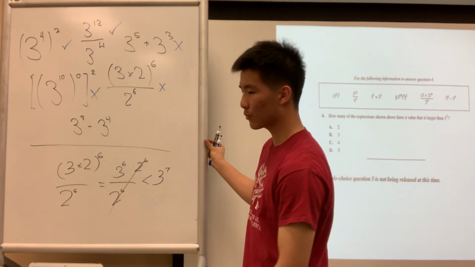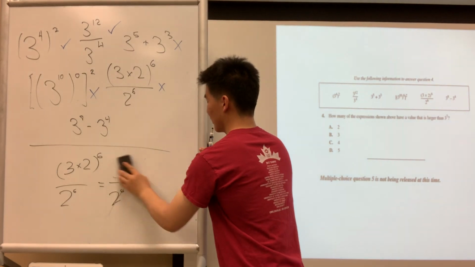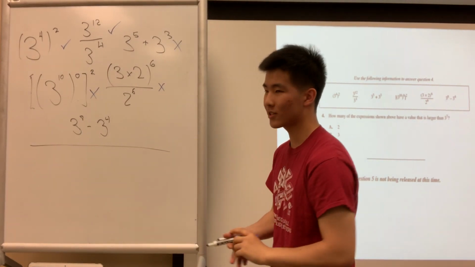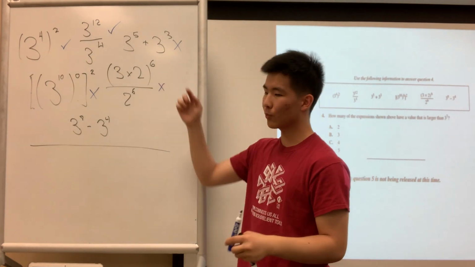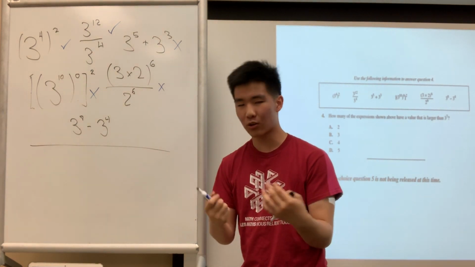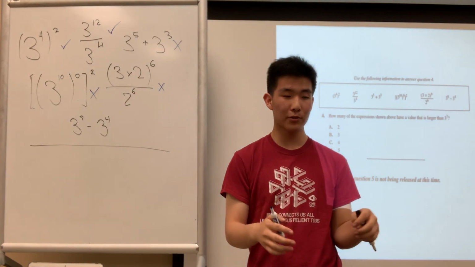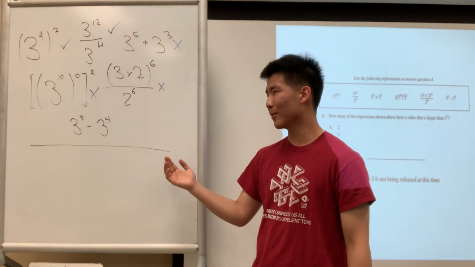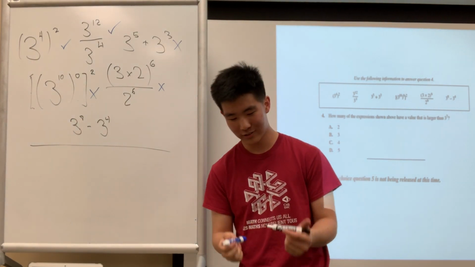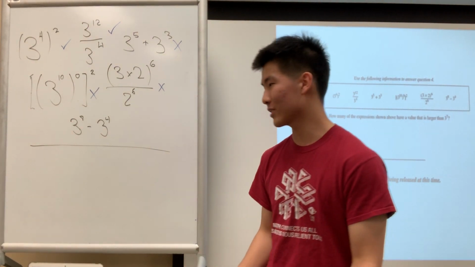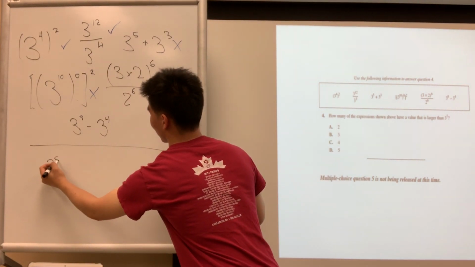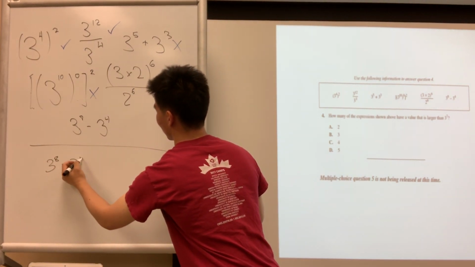Okay, the next one is a little bit more complicated. And I'm gonna do it in a similar way that I did with this one, where I just sort of use inequalities to prove it, I suppose. But to be honest, if you're strapped for time, just use your calculator. There's no reason to prove it per se. So I have 3 to the power of 8 minus 3 to the power of 4.